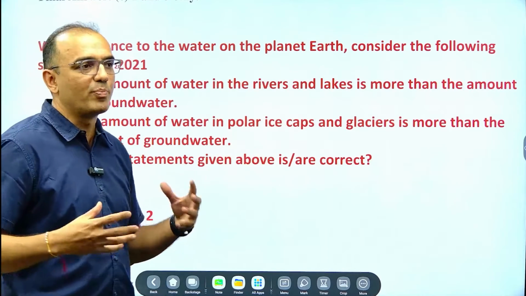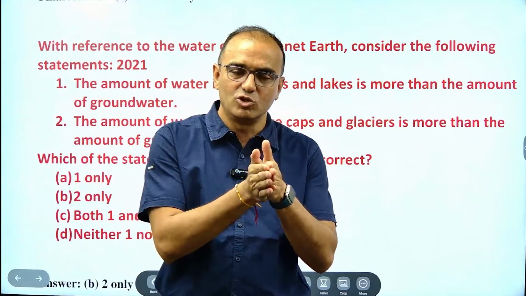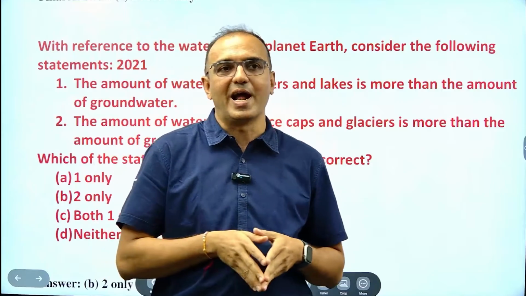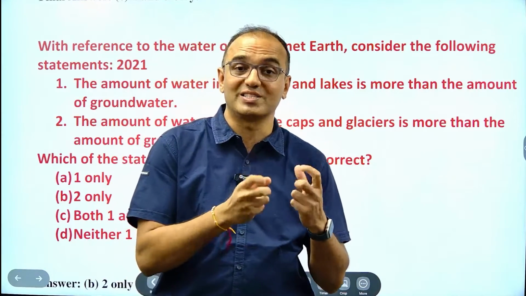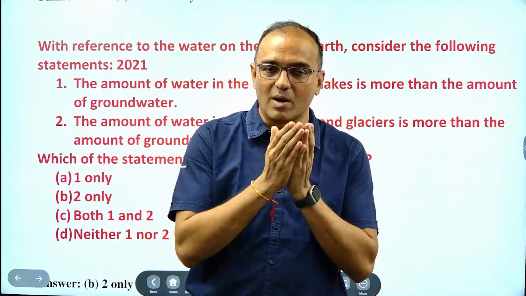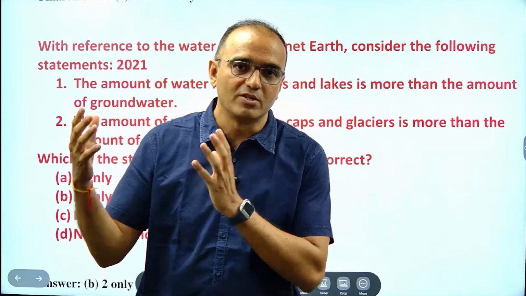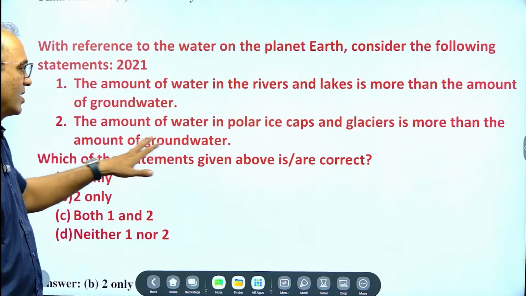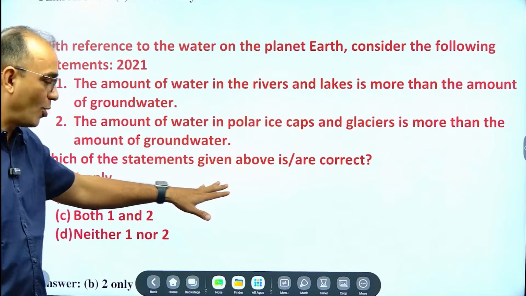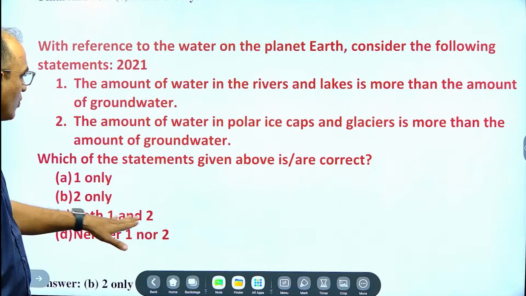Again, they are comparing the fresh water that is available in rivers and lakes to groundwater, and the water that is locked up as glaciers is also being compared with the groundwater available, right? So the options are: 1 only, 2 only, both 1 and 2, neither 1 nor 2.